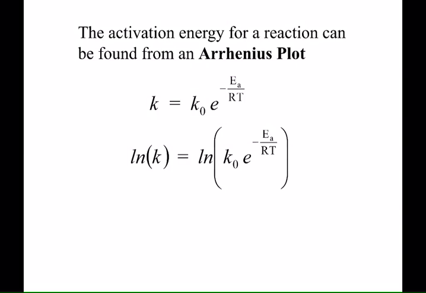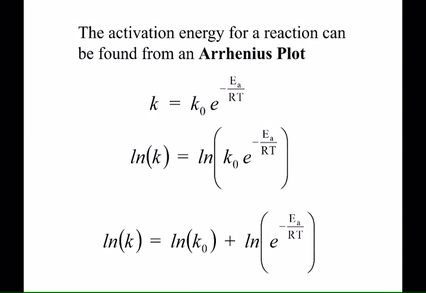The next thing I'm going to do is, remember, if you have the natural log of a product, which this is, k0 times e raised to the negative Ea over RT, we can break that out into the sum of the individual logs. That's exactly what I'm doing here. I'm doing all of this so I can get to that exponent.